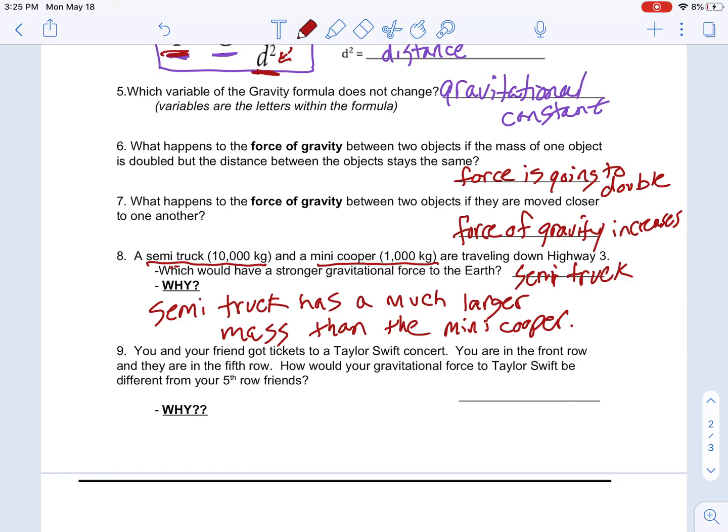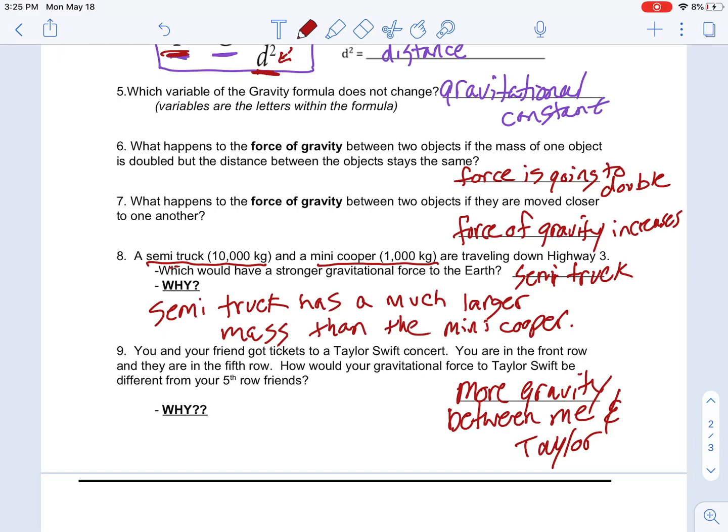Okay, so there would be more gravity between me and Taylor.